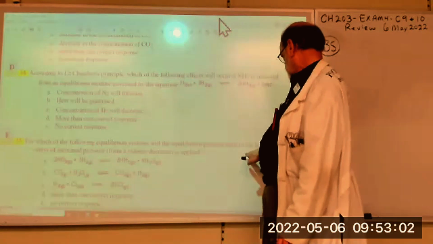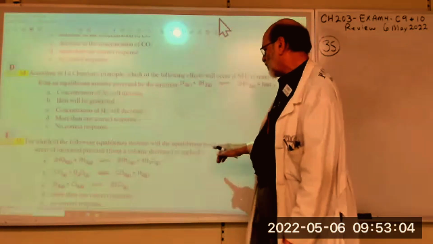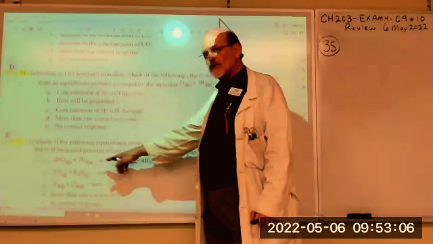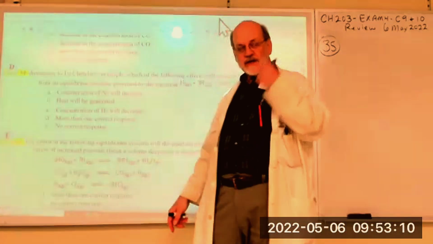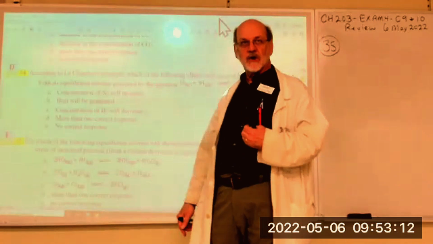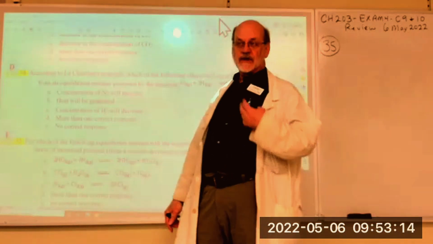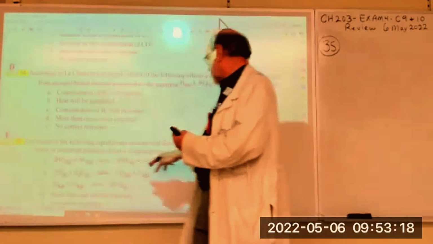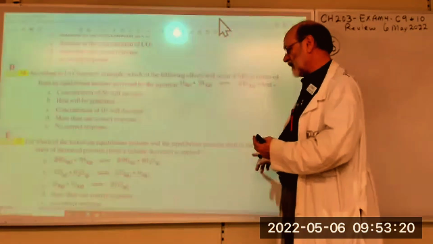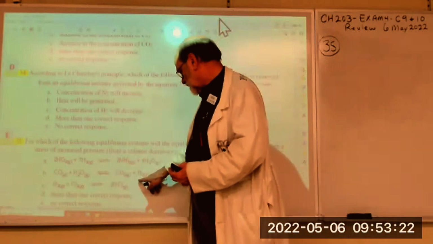So if we increase the pressure, it's going to move to the right because the response to an increase in pressure is to decrease the number of moles of gas. That relieves some of the pressure. So no, this one will shift to the right when we do that, not to the left.